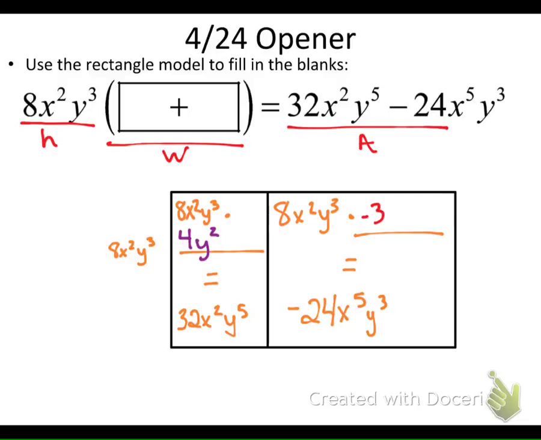So negative 3 times 8 is negative 24. X what, Isaiah? X to the 3rd. And then I already have a y cubed in my height, so I don't need another y in my width. Very good. So 8 times 3, 24, x to the 3rd, x to the 5th, y cubed, no y cubed.